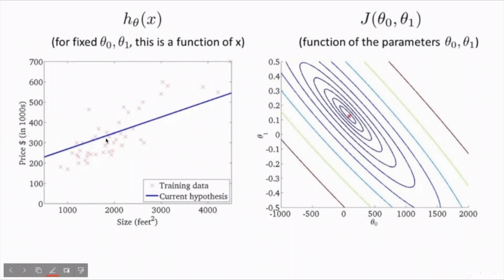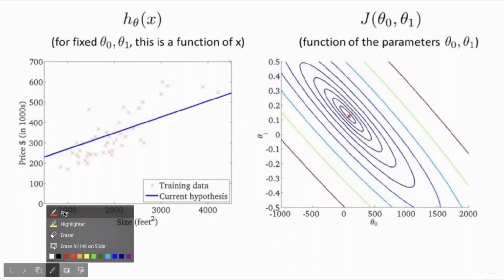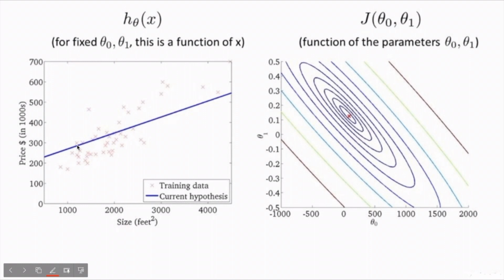This one is a bit accurate, not very accurate, but it's good. It is a bit more correct, because for this value it shows this value, and here also for this theta 1 we have some theta 0 value.